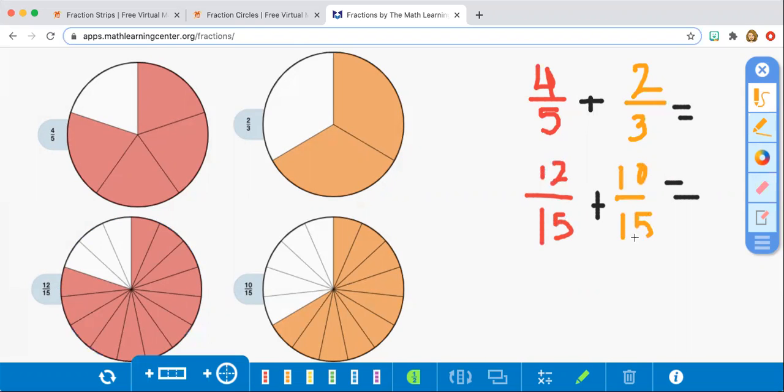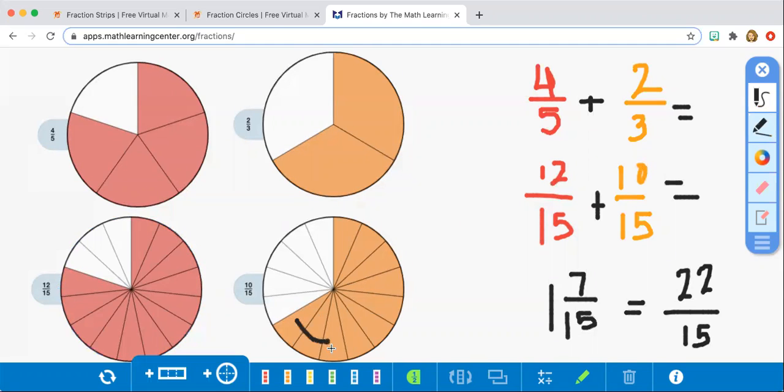Add them together. 22/15, which is the same as, right? We saw 1 and 7/15 when we took these three, right? These three right here, and we put them over there.